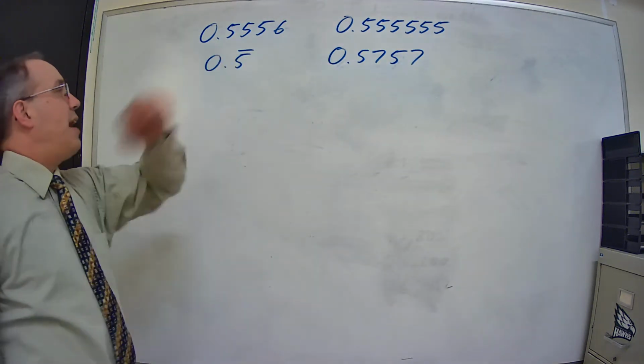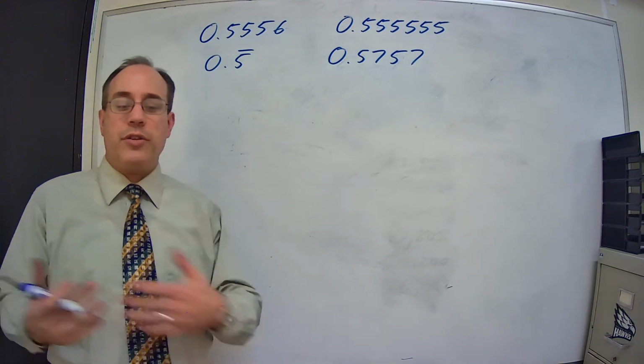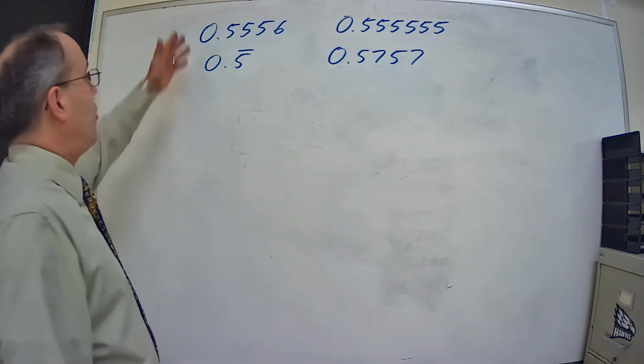Okay, so we've got 4 decimal numbers and we want to put these into order from smallest to greatest. So what are we looking at here?